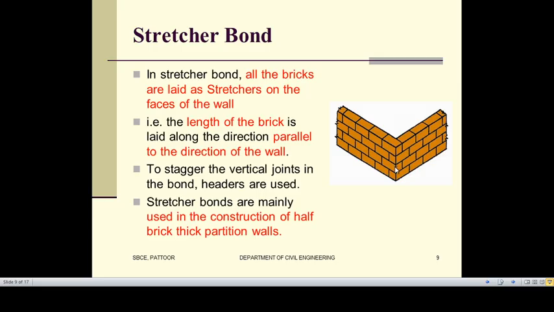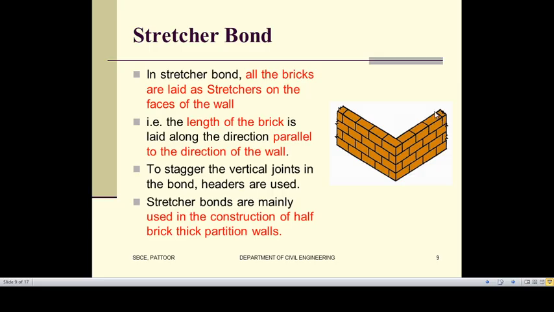Usually, stretcher bonds are mainly used in the construction of half brick thick partition walls. One brick thick wall means it will have 20 centimeter or 200 mm. Half brick thick wall means it will have 10 centimeter or 100 mm. You can see in this figure the thickness of the wall is 10 centimeter.